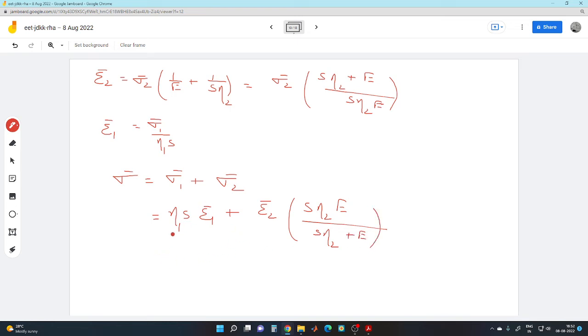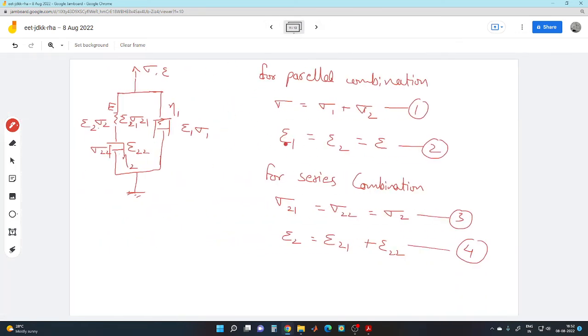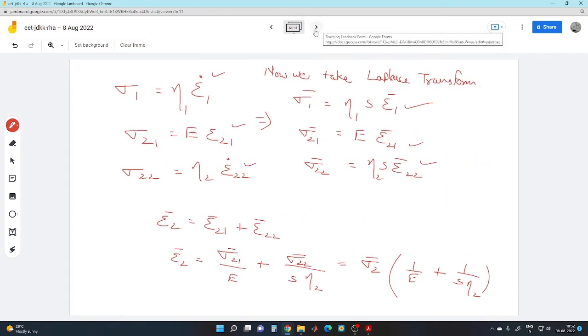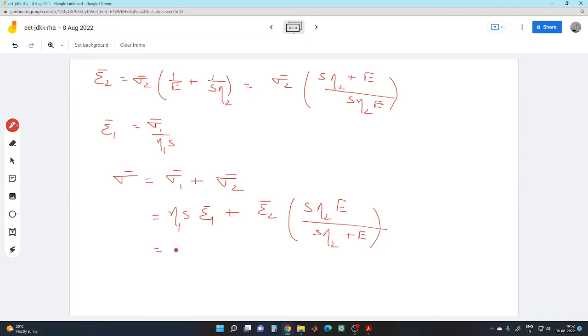So we know from the relation that epsilon 2 is equal to epsilon 1 equal to epsilon, right? So we can use that to write as eta 1 s plus s eta 2 E upon s eta 2 plus E epsilon.